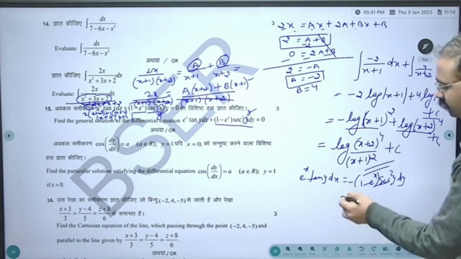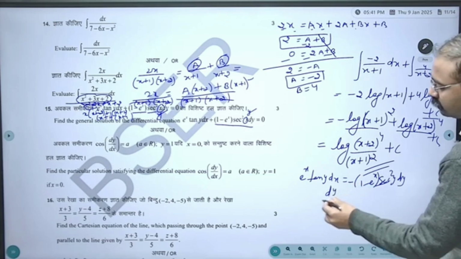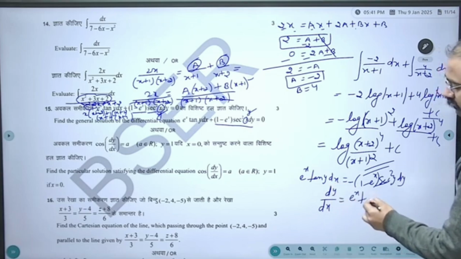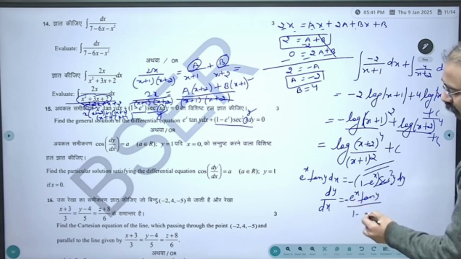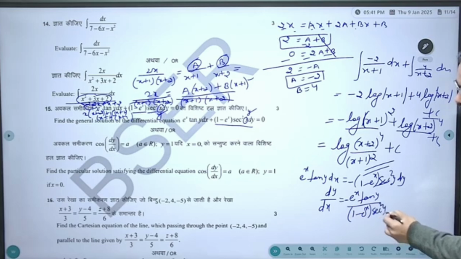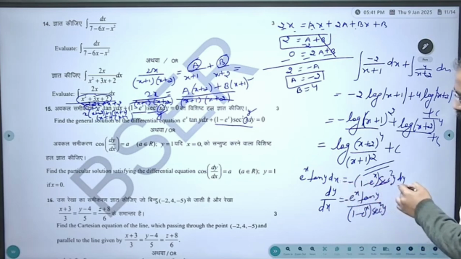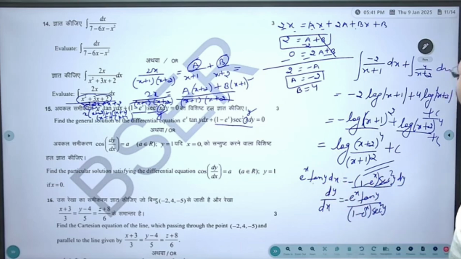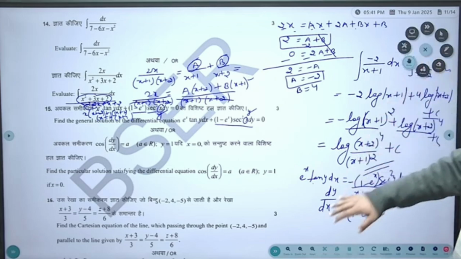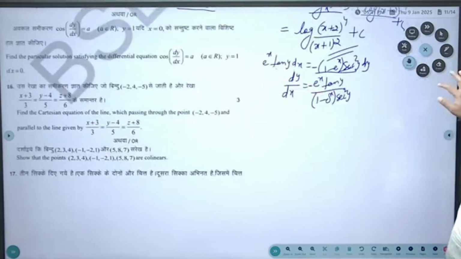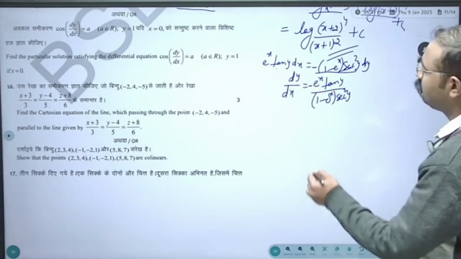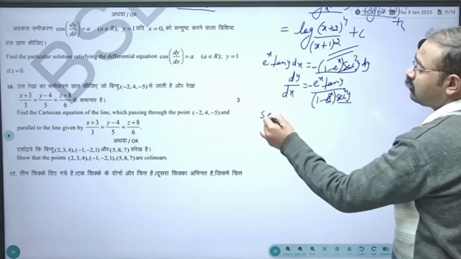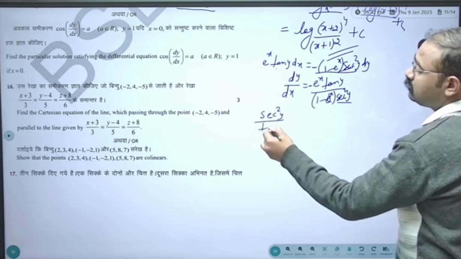And when we find out the value of dy by dx, then e raised to the power x tan y upon 1 minus e raised to the power x sec square y. dx we brought below dy, and took this below this. Now by separating the variables, we separate them. So sec square y will go upside and tan y will go downside to this.